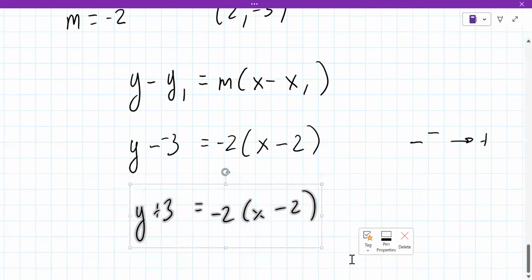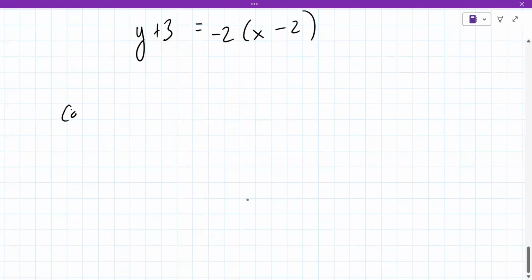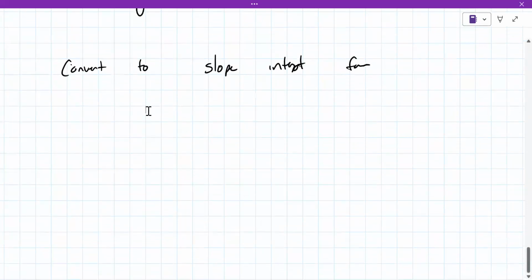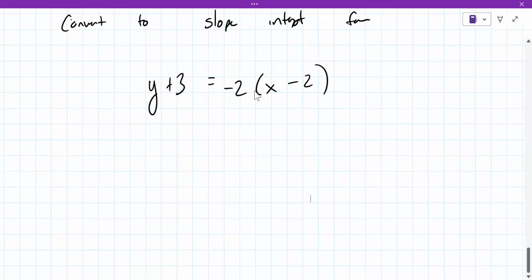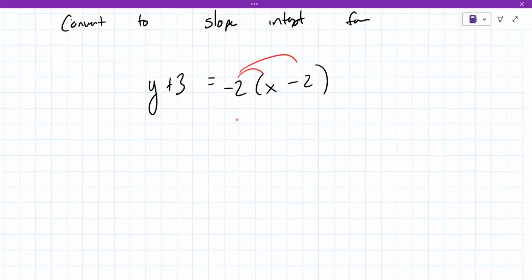So let's just reset the screen, and we're going to convert to slope intercept form. So what that means, we wrote this down. You first have to distribute this -2 into both. What does that become?